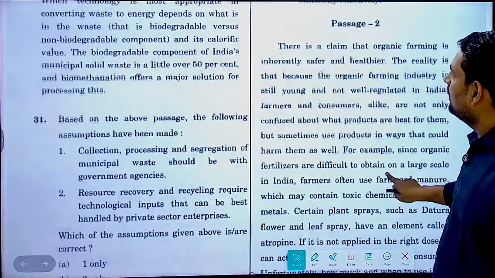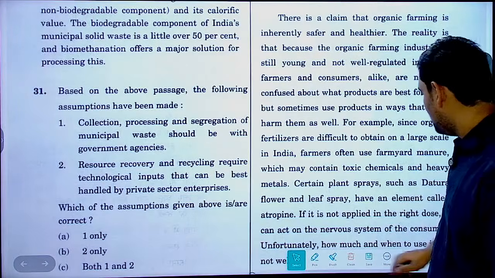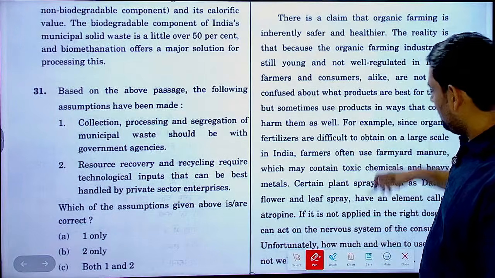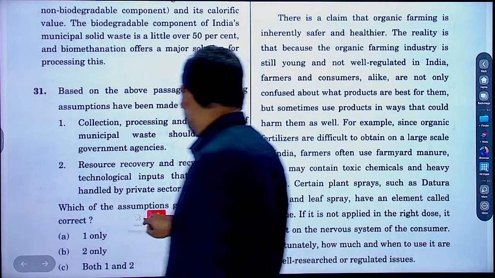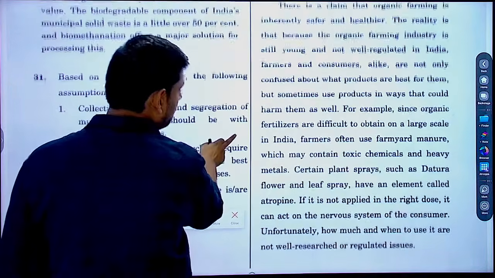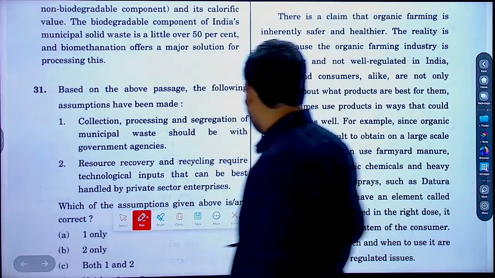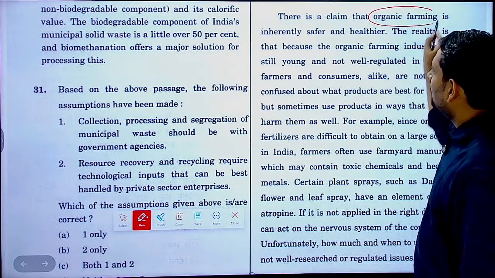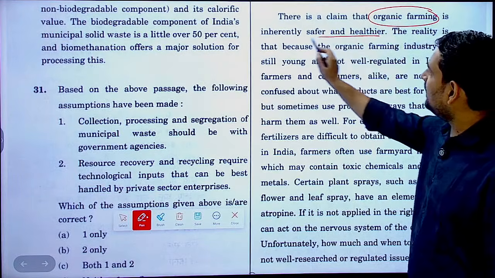see this. There is a claim that organic farming is inherently safer and healthier.